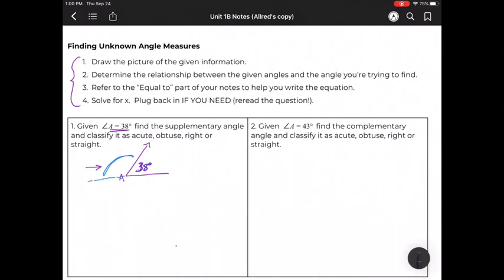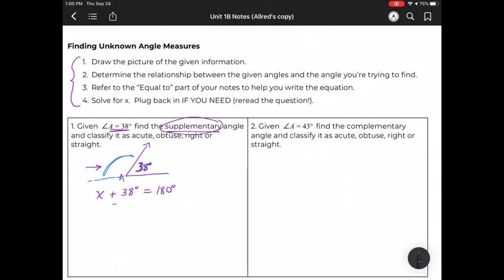Now you could even set this up with algebra. Supplementary means that two angles add up to 180. Supplementary from the previous page of notes means that those two add up to 180. So I can set it up as an equation. The relationship supplementary is given to you already. We don't have to write the relationship. It's already there.